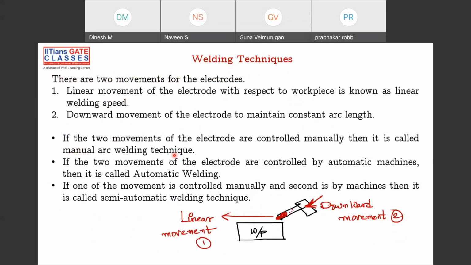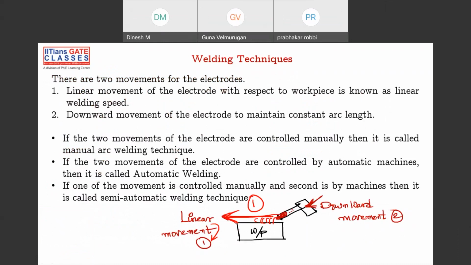Then you have two movements. What is the first movement? Linear movement of electrode with respect to workpiece is linear welding speed. What is that linear movement? Linear movement is nothing but this movement. For depositing, you have to move your torch in this way. This is movement number one. That is the linear movement.